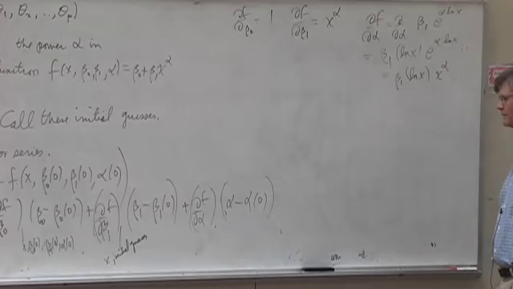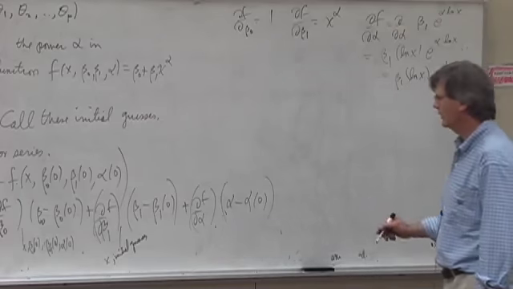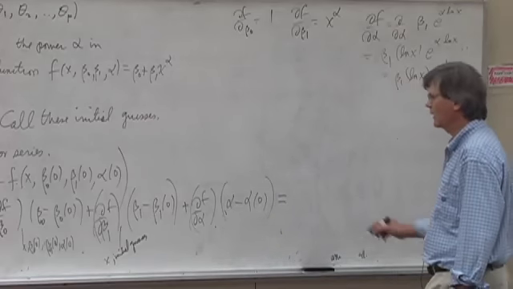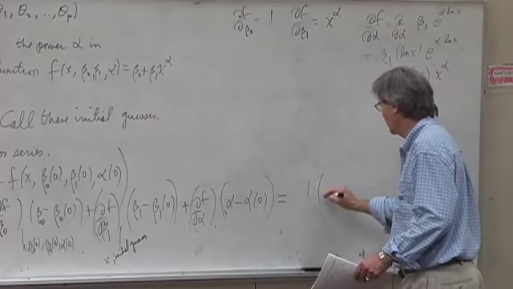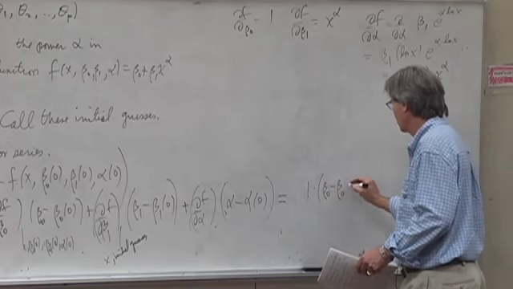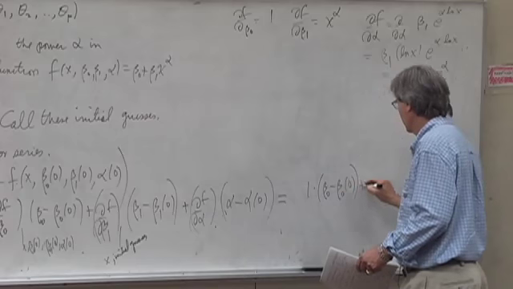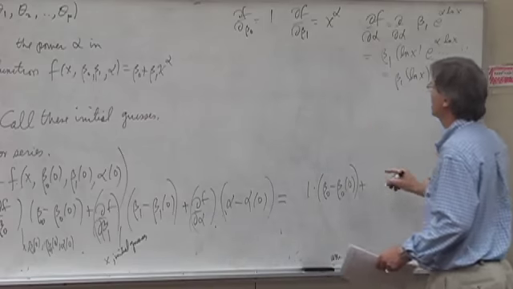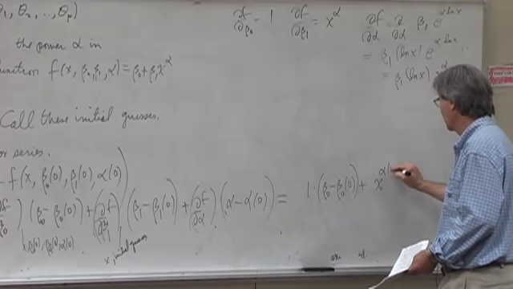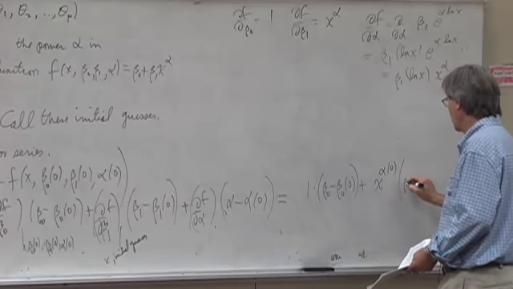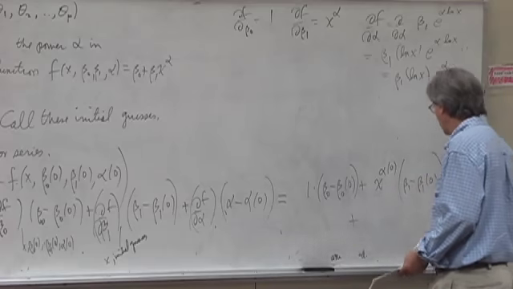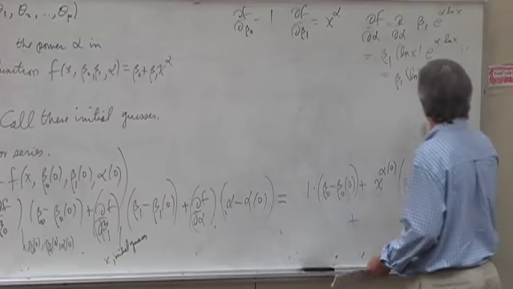Okay. So now I'm going to evaluate those at all these. So this becomes, therefore, equal to, when I evaluate them all, 1 times beta 0 minus beta 0 naught plus, now I have to plug in alpha equals alpha naught, x to the alpha naught times beta 1 minus beta 1 naught, plus, now I have to plug in the alpha naught and the beta 1 naught here.